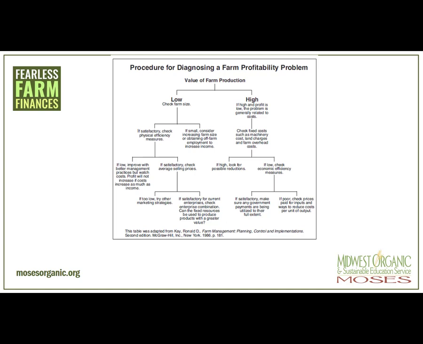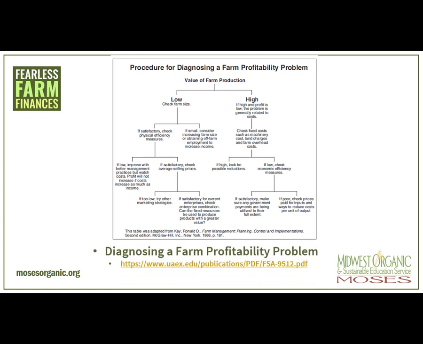So right now I'm just going to pause for a moment. Throughout this lesson and other lessons that I may do, I'm going to include resources like this for you to be able to look at things a bit differently, make some decisions and learn more. So this one is a procedure for diagnosing a farm profitability problem. It was from a publication from the University of Arkansas, which was adopted by someone else.